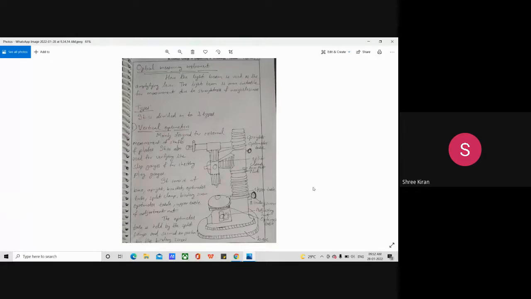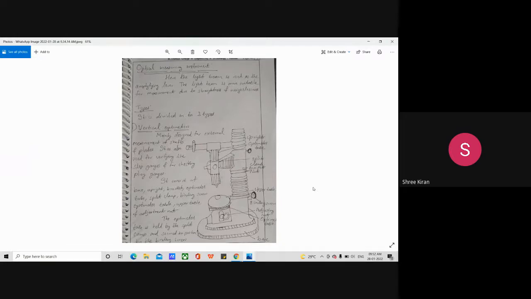Then the fourth one is the projection optics comprising the lens and the mirrors, since it is an optical measuring instrument. Then the fifth one is a viewing screen or eyepiece to receive the projected image.